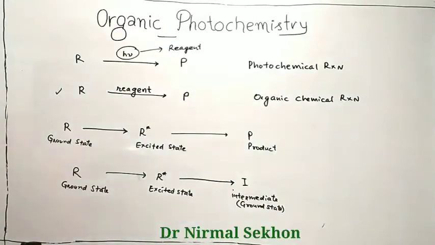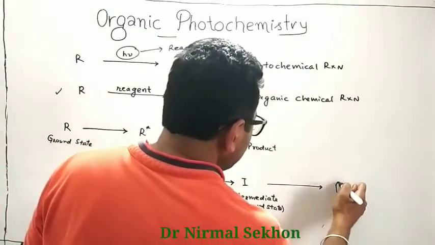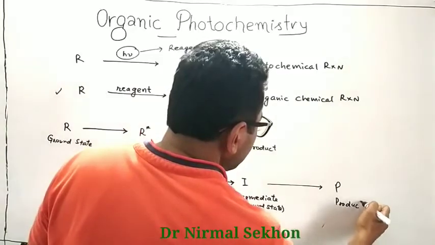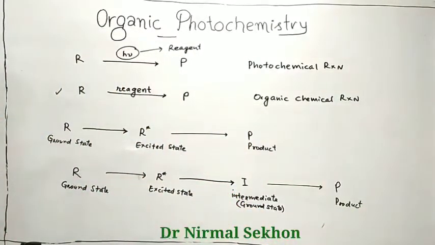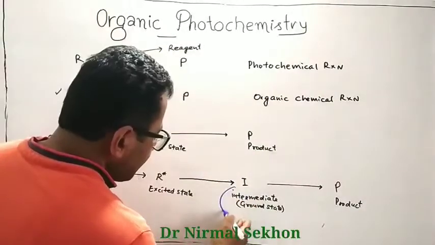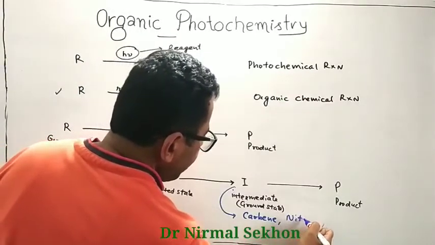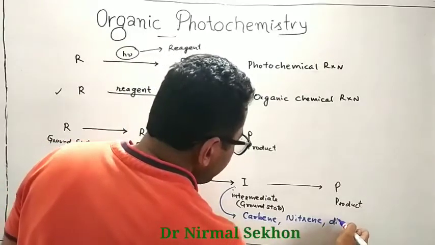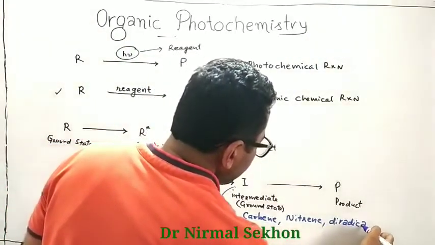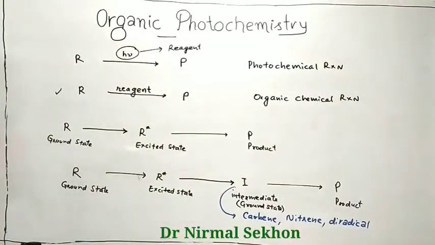Then this intermediate, because it is highly reactive, changes to product. This intermediate formed from R star may be a carbene, a nitrene, or a diradical. Because these carbenes, nitrenes and diradicals are highly reactive species, they immediately change into product.